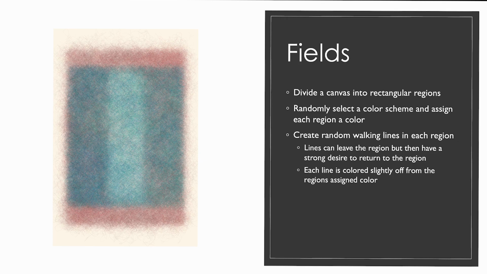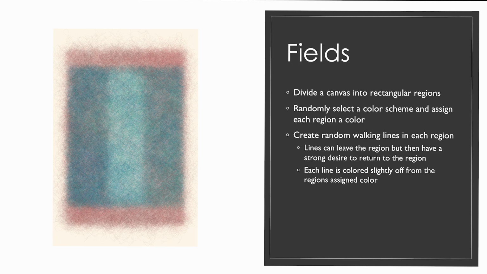It'll pick a base hue and then determine the other hues in the composition off that base hue. And then in each rectangular region, I create a randomly walking line. And what that means is there's a point, and then it randomly selects another point proximal to that point, connects those with a curve, and then another point, connects those with a curve.